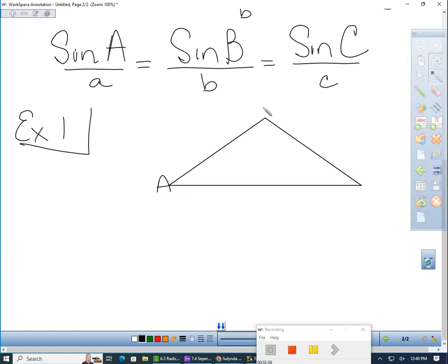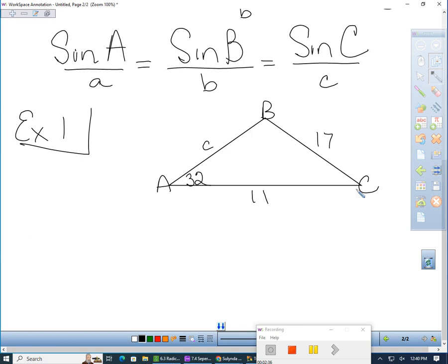I'll label this A, B, and C. And in my triangle, we're going to say that angle A is 32 degrees. We're going to say that side a is 17. And we're going to say that side b is 11. So we still need to find side c, angle B, and angle C. We have three pieces of information we need to find.